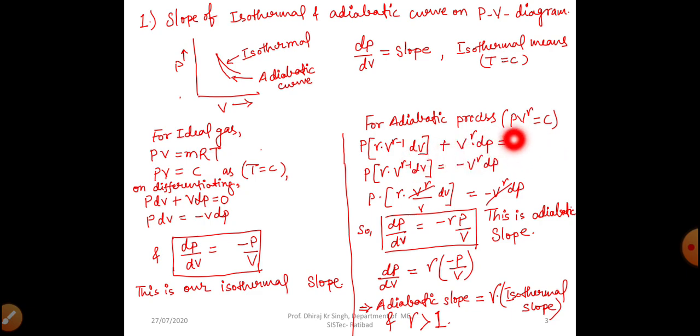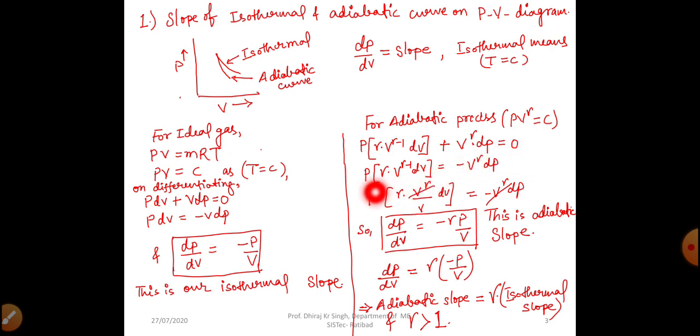When we differentiate, we take P as the first function and V to the power gamma as the second function, right? So P dot gamma dot V to the power gamma minus 1 dV, plus V to the power gamma as first function and P as second function, V to the power gamma dot dP, equal to 0, right?